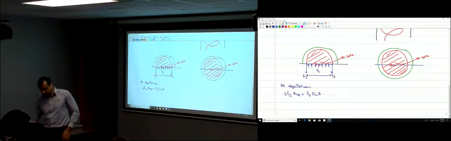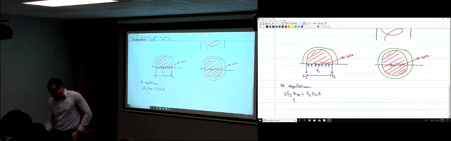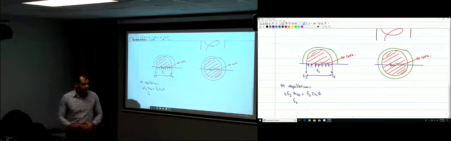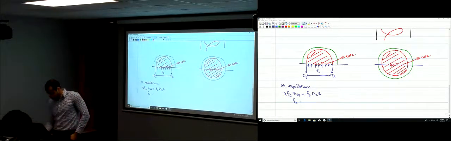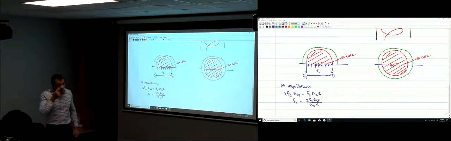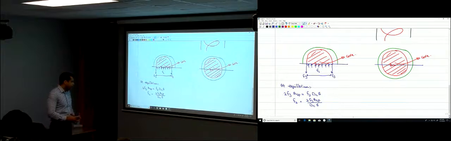So now F2, the maximum confining stress that this spiral can provide, is 2 F yield multiplied by the area of the spiral, divided by D core S. That's the maximum confinement that the spiral can provide to the core of the concrete.